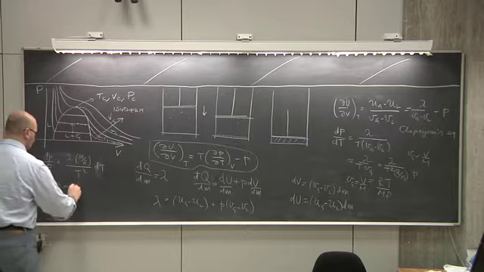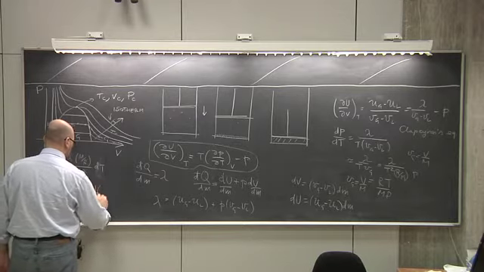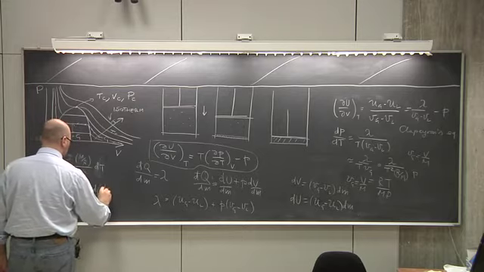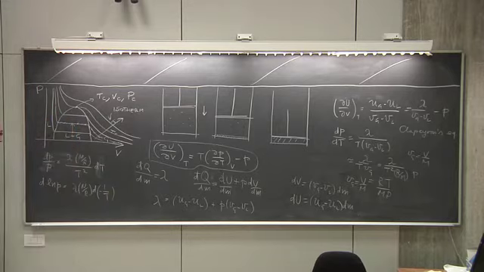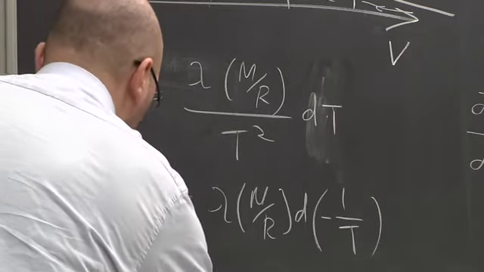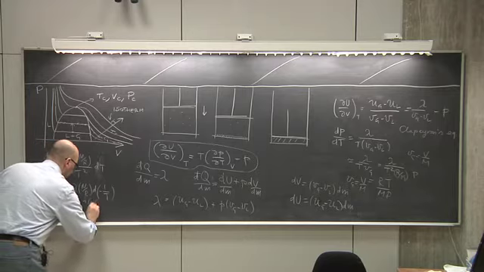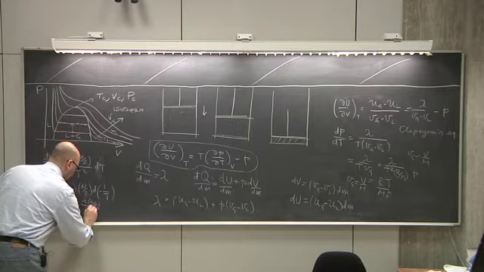And this is lambda m over R, the differential of minus 1 over T. So if you solve this equation, you find that P is equal to a constant times e to the minus lambda m over R divided by T.